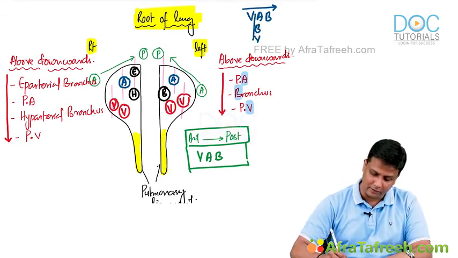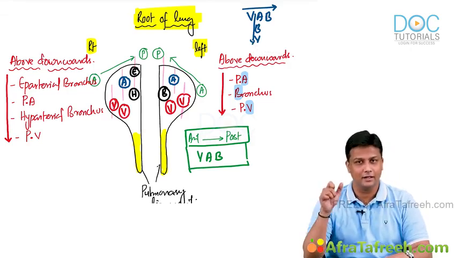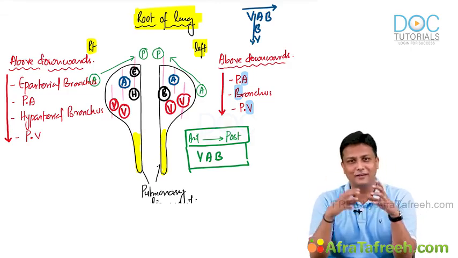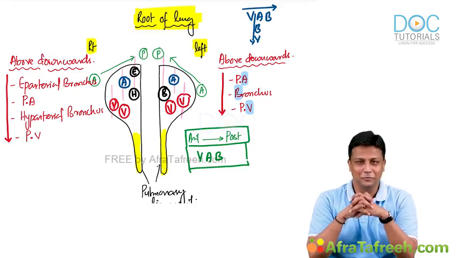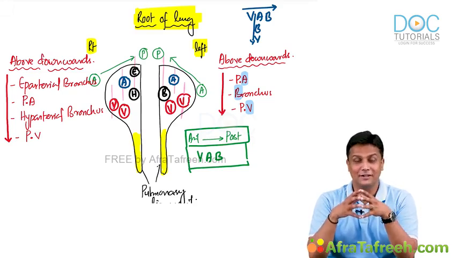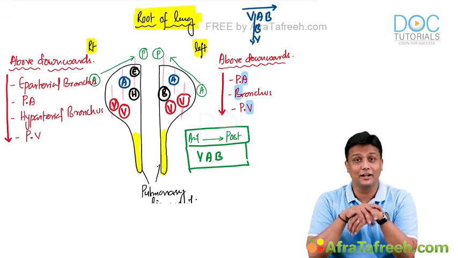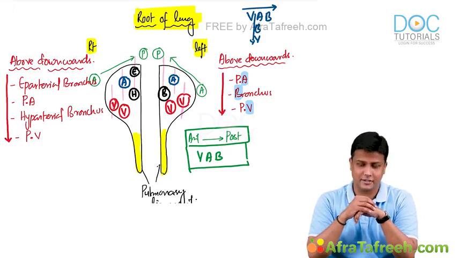Some people love to remember like this also, VAB, ABV. I told you every way possible, the conceptual manner, the mnemonic manner, memorizing. Now it depends on you which method you like, you select that and study in that manner. But you have to remember this topic, it is utmost important. Root of the lungs has been asked many times in the exams, guys.